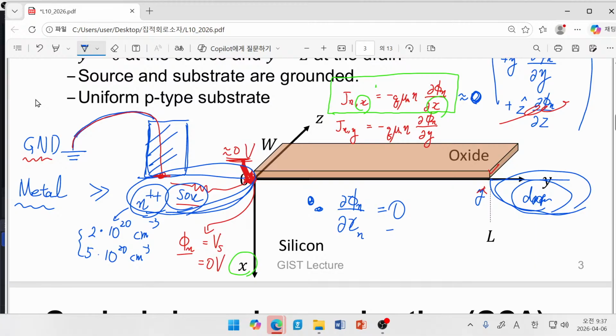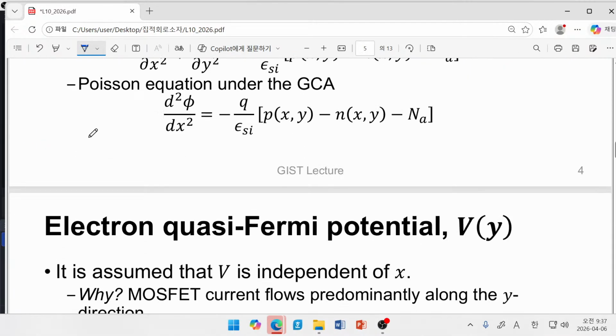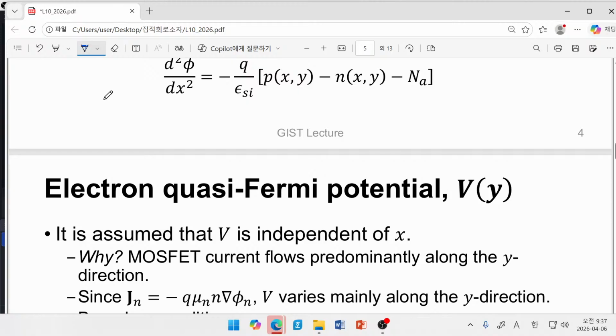Okay, so that's the reason why, although phi n itself can be regarded as a function of both the x directional position, the vertical position, and the y directional position, when the y position is given, then our quasi-Fermi potential is shared by all vertical positions.